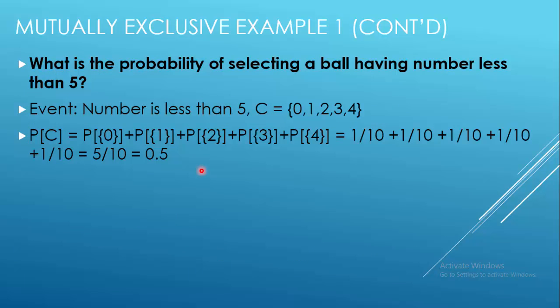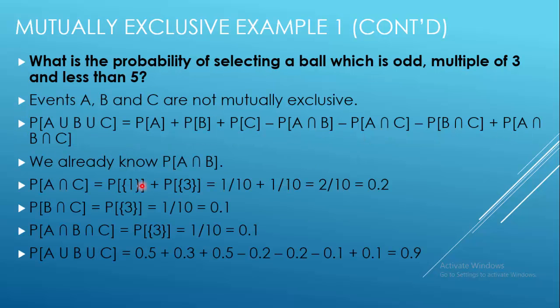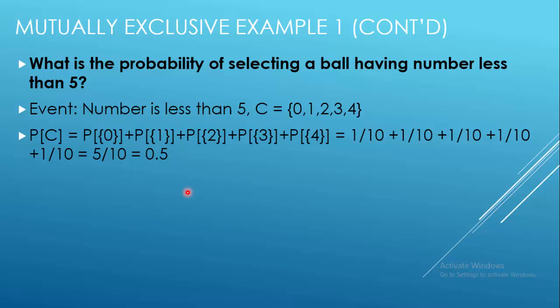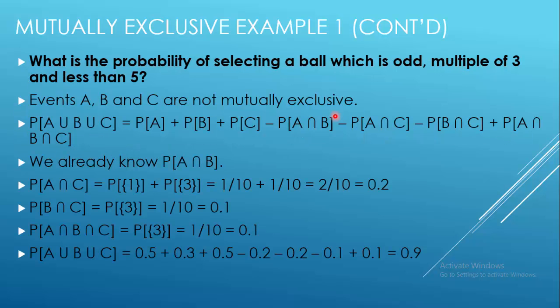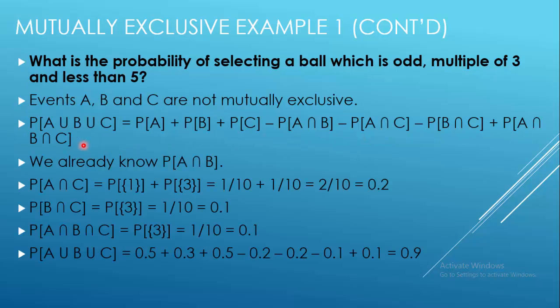The probability of A intersection B we have already calculated, which is 0.2. The probability of A intersection C is the probability of 1 plus the probability of 3, because the common numbers between 0, 1, 2, 3, 4 and A, which is 1, 3, 5, 7, 9, are only two outcomes, 1 and 3. So that is also 0.2.